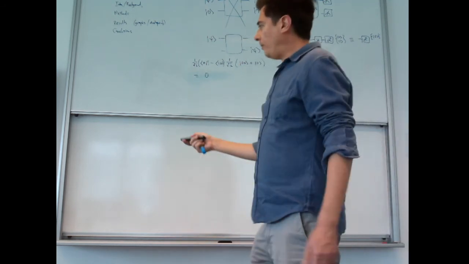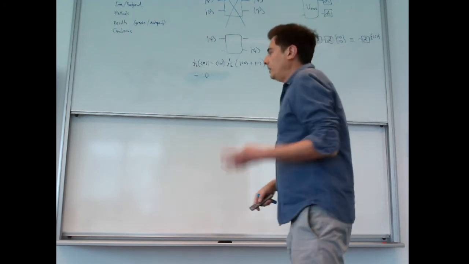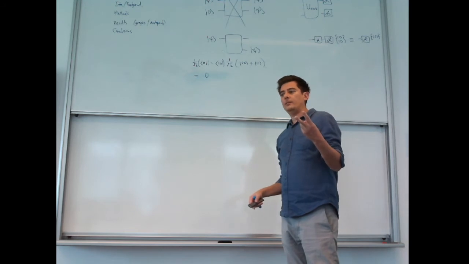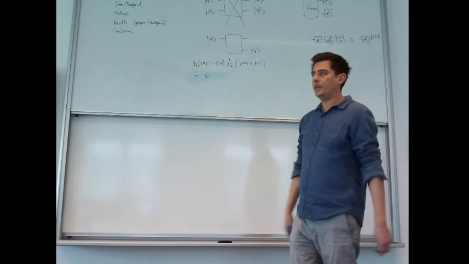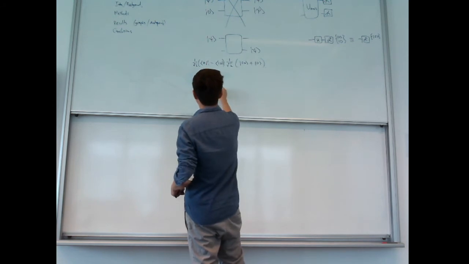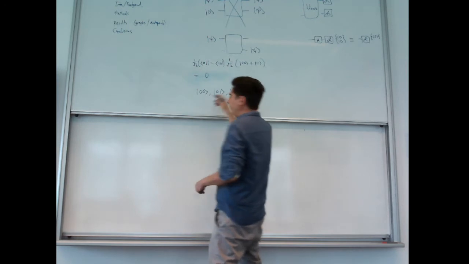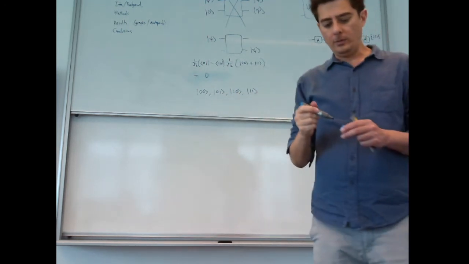So these four states form a basis, and it needs to be 4 states because 2 qubits have 4 possible states. The regular basis, the computational basis, would just be 0, 0, 0, 1, 1, 0, and 1, 1. That's the usual basis, if you like.